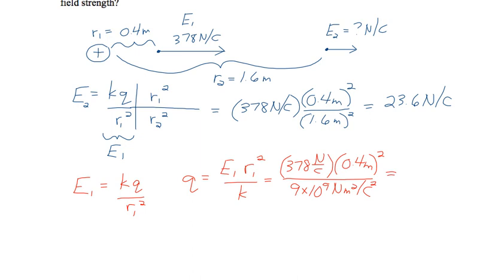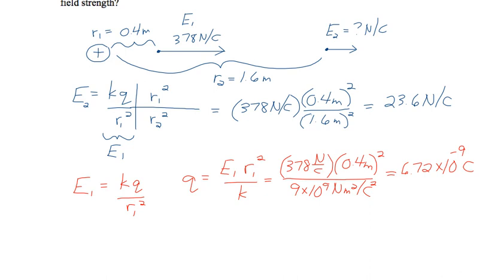Notice the units will be coulombs, because the newton will cancel the newton, the meter squared will cancel the meter squared, and one of the coulombs will cancel one of the coulombs, but I'll still have 1 coulomb left in the denominator of the denominator. So what do you get for that? This is going to be like the source of our electric field, the source charge: 6.72 times 10 to the negative 9 coulombs. So that is my Q.